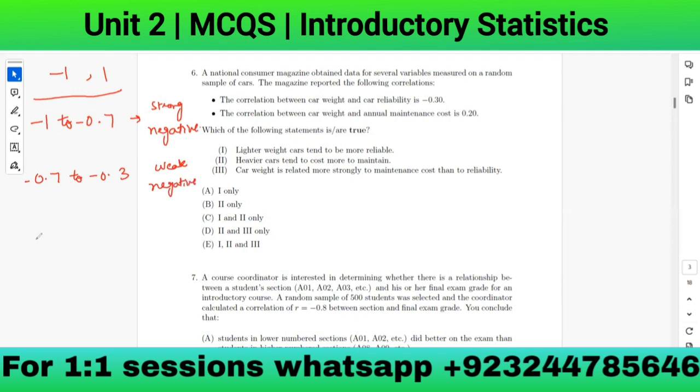If it's minus 0.3 to plus 0.3, it's little or no correlation. Must write down these points, these are important. If it's plus 0.3 to 0.7, then it's weak positive. If it's 0.7 to 1, then it's strong positive.